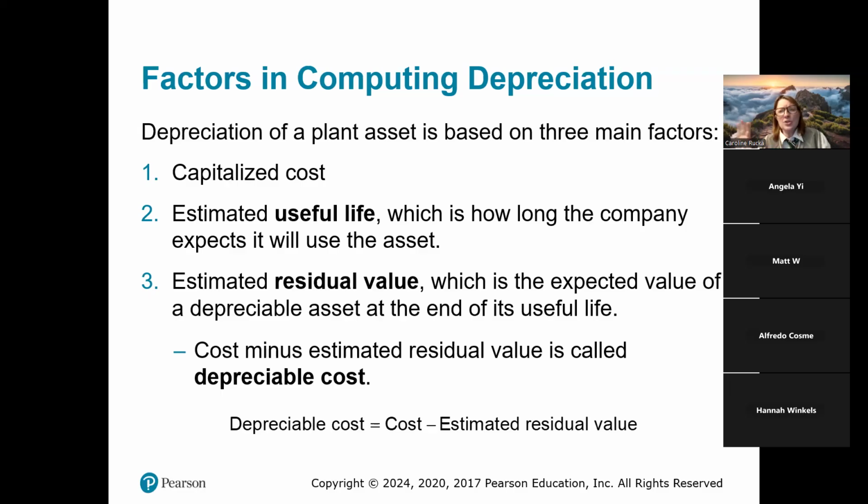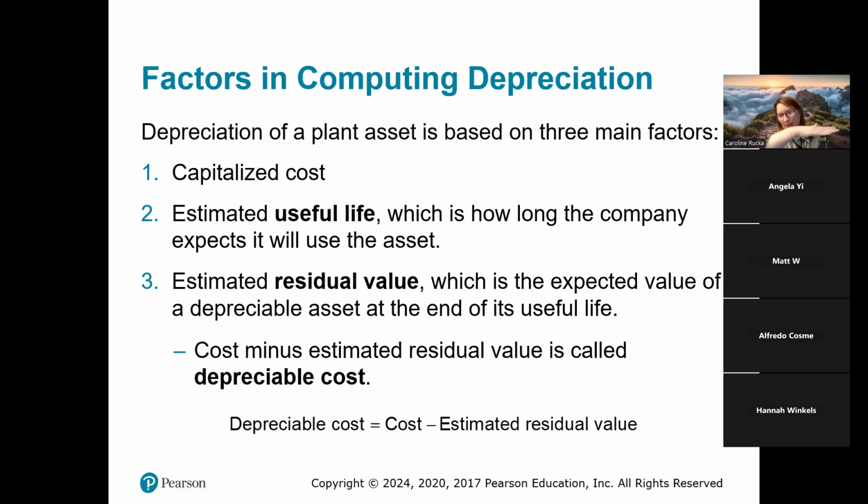So the way we calculate this, first of all, we take the cost that we calculated up here in number one. We subtract this estimated residual value, and that's going to give us the depreciable cost.